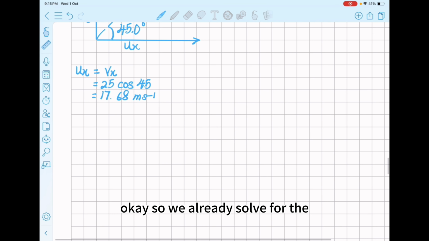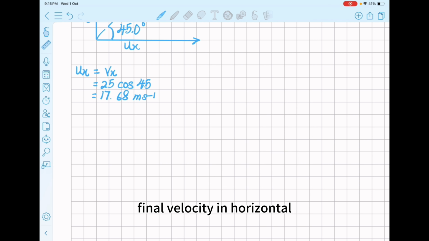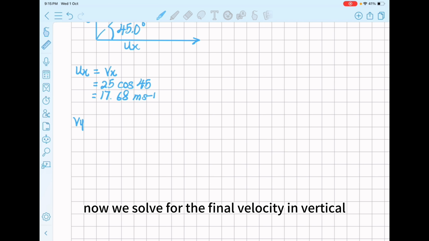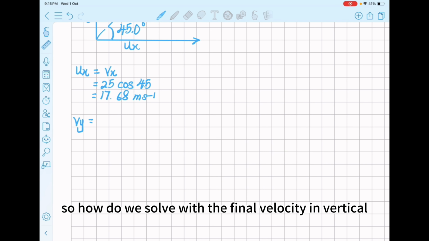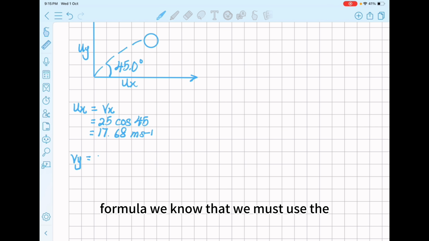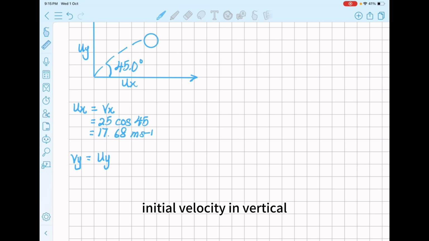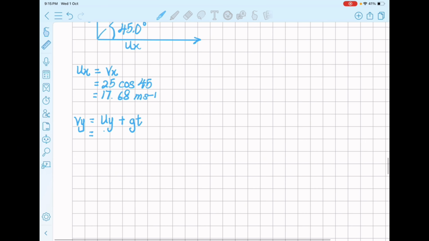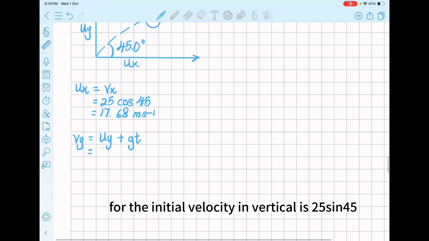So we have solved for the final velocity in horizontal. Now we solve for the final velocity in vertical. According to the formula, we use the initial velocity in vertical plus gravitational acceleration times time. The initial velocity in vertical is 25 sin 45.